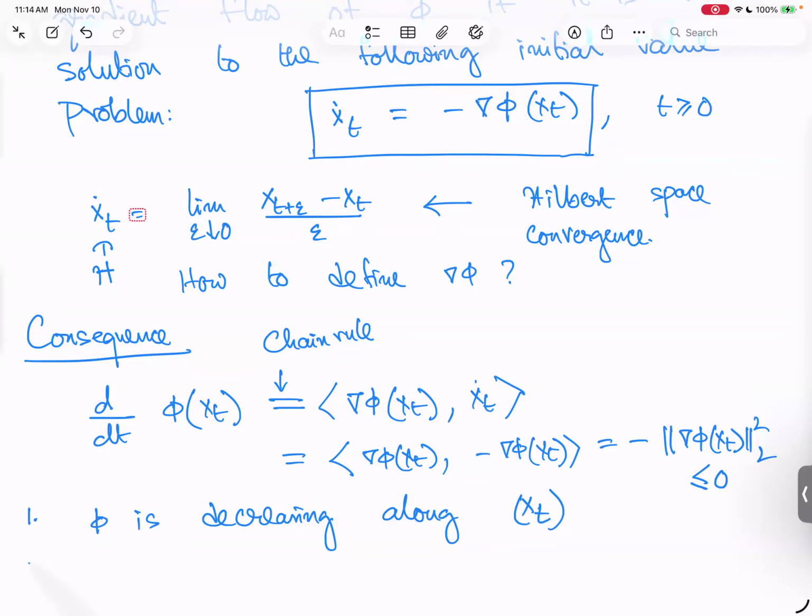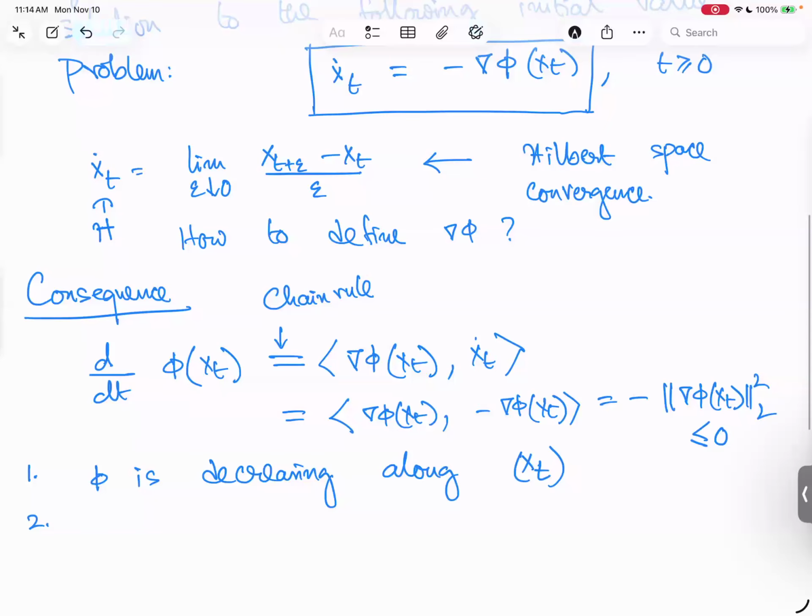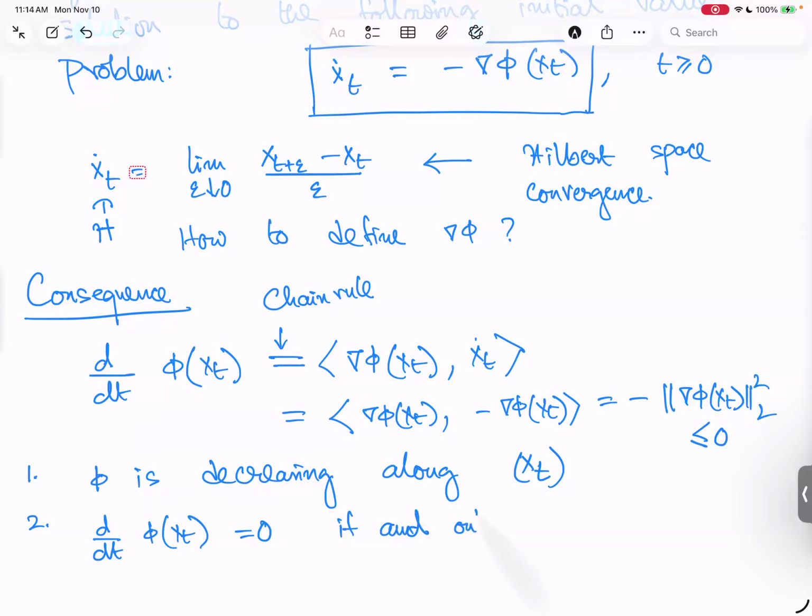And two, the other important thing, is that this time derivative of phi of x_t is zero if and only if x_t is a critical point of phi.